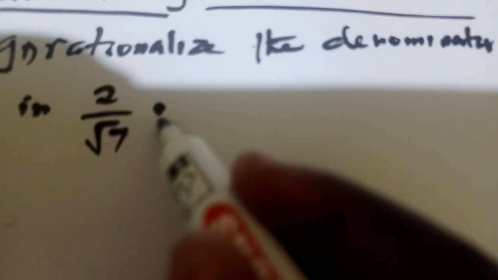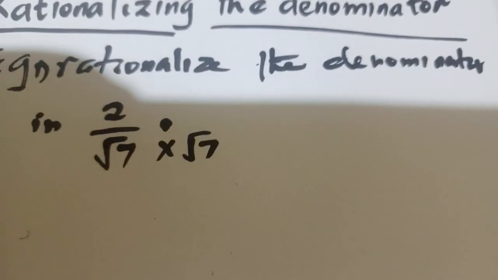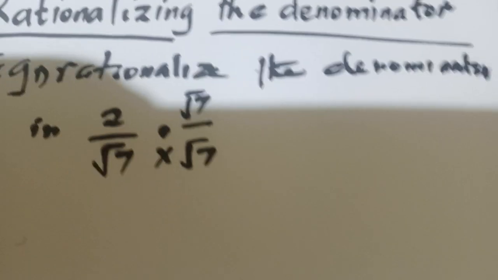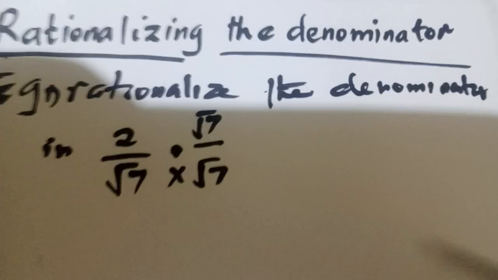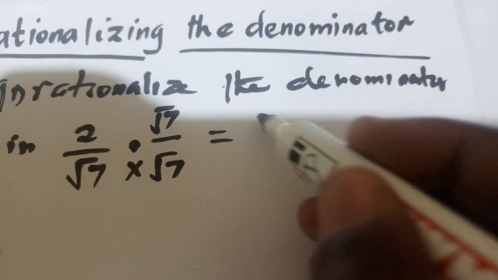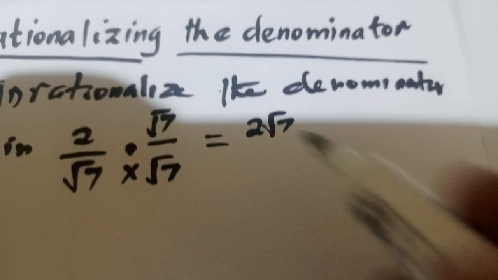Now in this case, what we will need to do is consider the effect of multiplying the denominator by root 7 and also the numerator by root 7. So what we have here, in our case, we'll have 2 root 7 in the numerator.